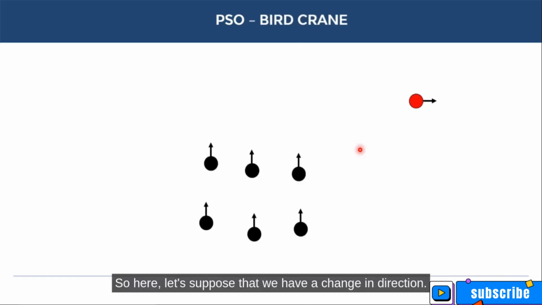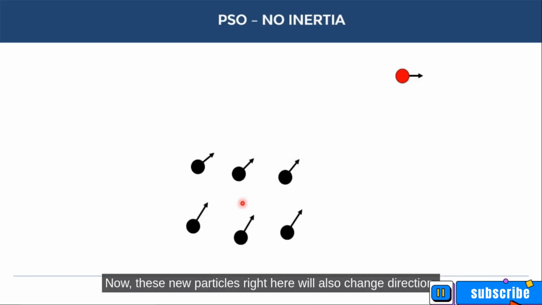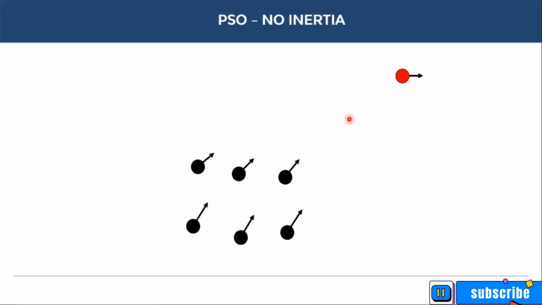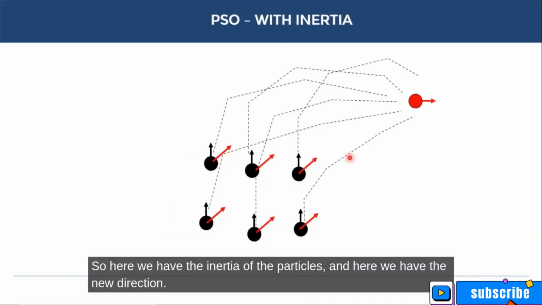So here let's suppose that we have a change in direction. Now these new particles right here will also change direction. However, it will not happen instantaneously. So here we have the inertia of the particles, and here we have the new direction.